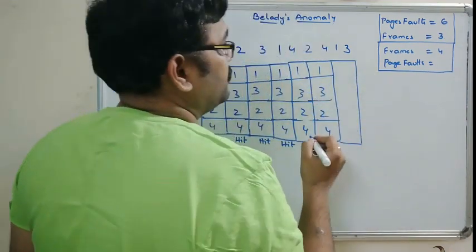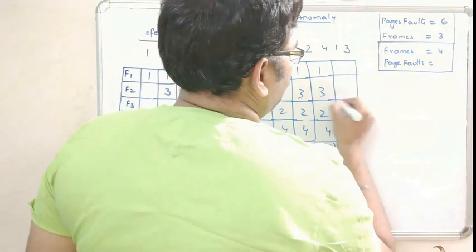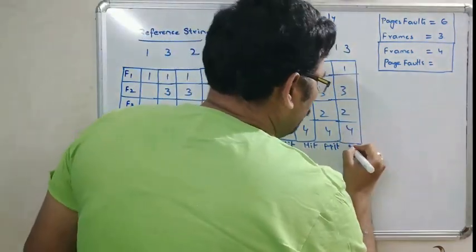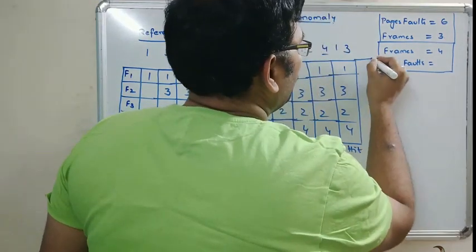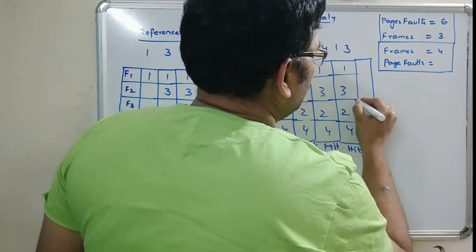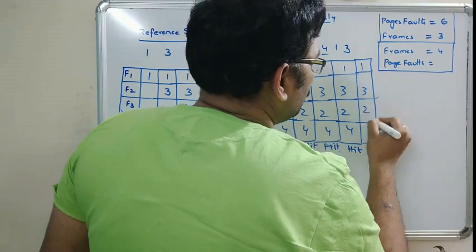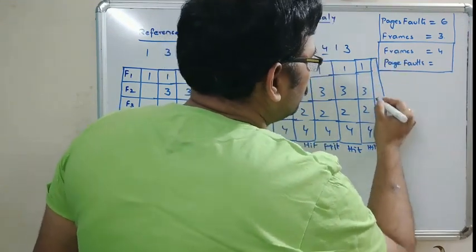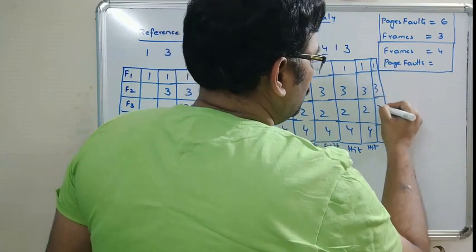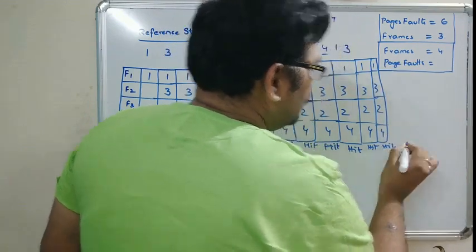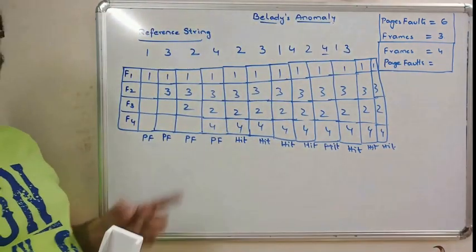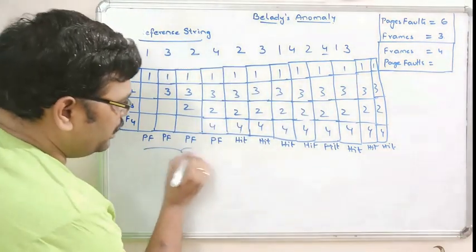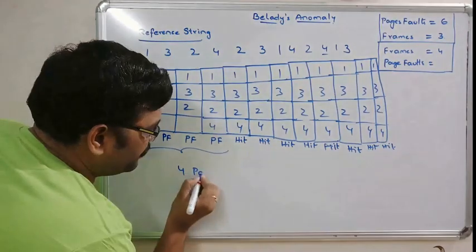Again 4. 4 is also available, no page fault. Again hit. Next 1. 1 is also available, it is a hit. 3, and again 3 is also available here. So again hit. After completing all the reference string, you can observe there are only 4 page faults.